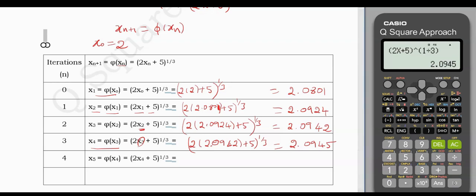This is x4, and next x5 is equal to (2x4 plus 5) whole power 1 by 3.